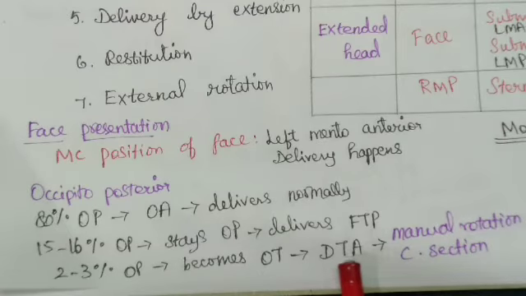In deep transverse arrest, you can try manual rotation and extract by forceps, or it is best managed by cesarean section. If this question comes in the exam and there is no option like manual rotation, you can go for cesarean section.